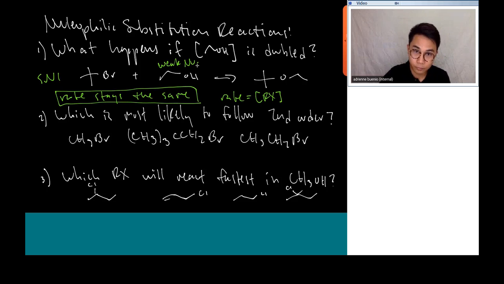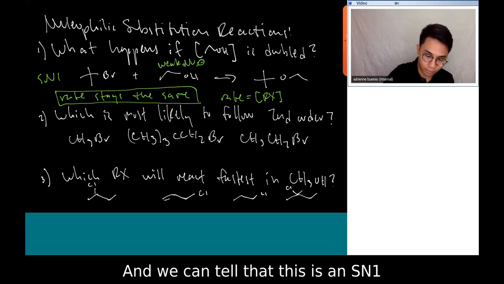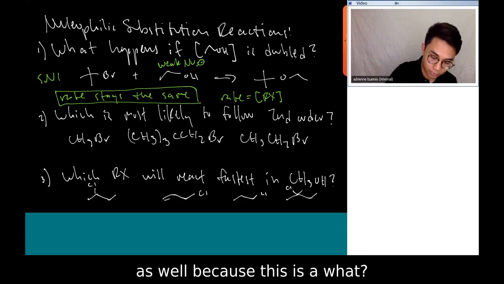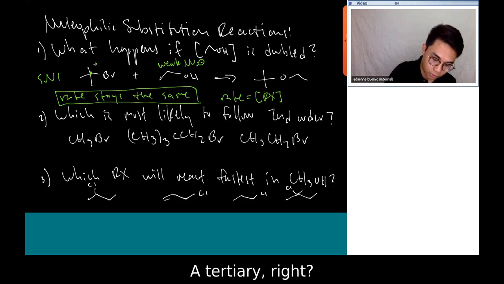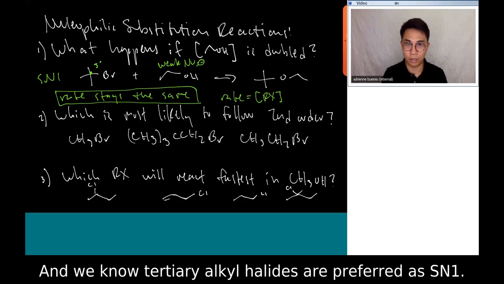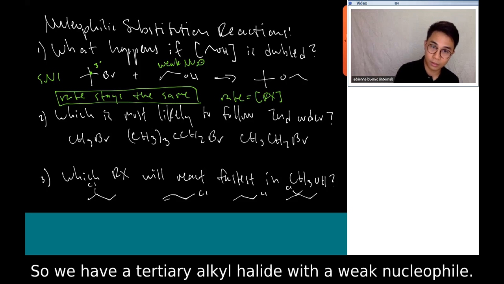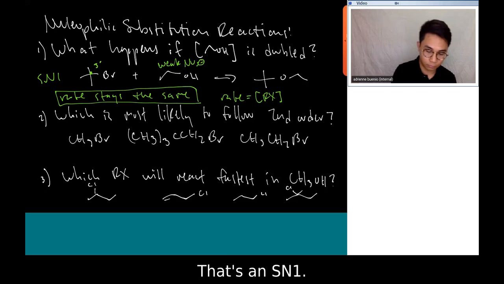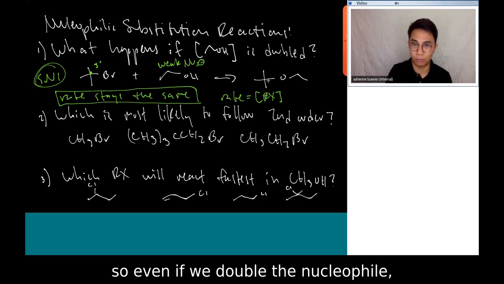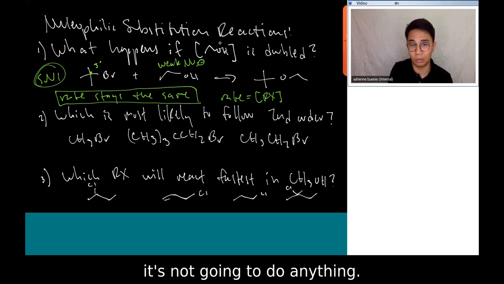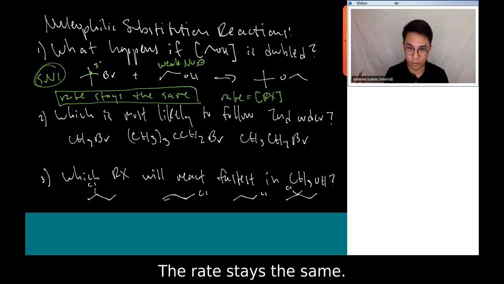We can tell this is an SN1 as well because what kind of alkyl halide is this? A tertiary, right? And we know tertiary alkyl halides are preferred in SN1. So we have a tertiary alkyl halide with a weak nucleophile. That's an SN1. Therefore, for the rate, we only care about the alkyl halide. So even if we double the nucleophile, it's not going to do anything. The rate stays the same, right?